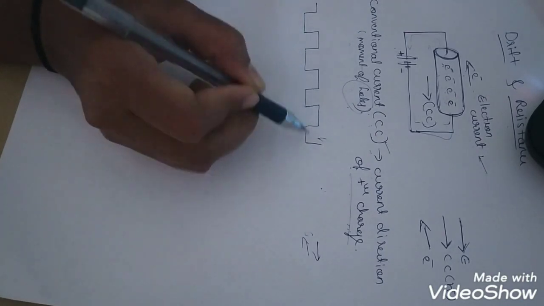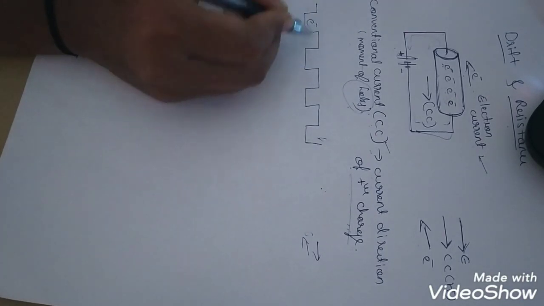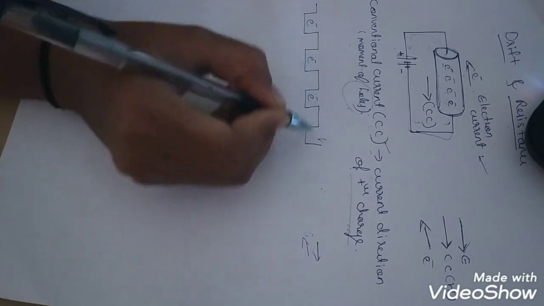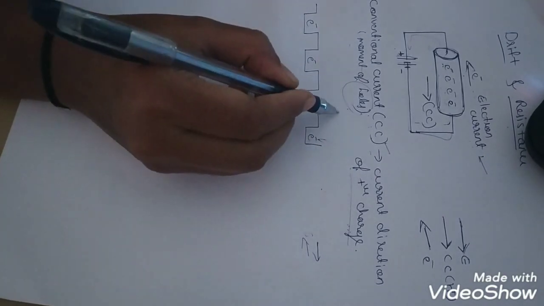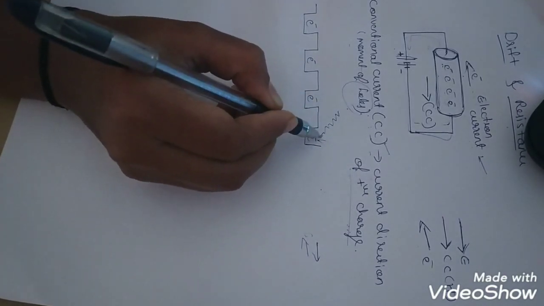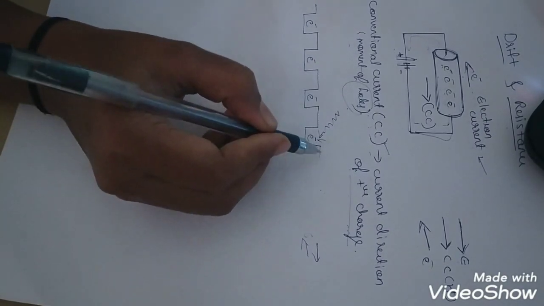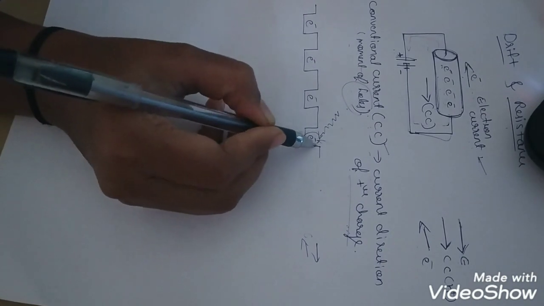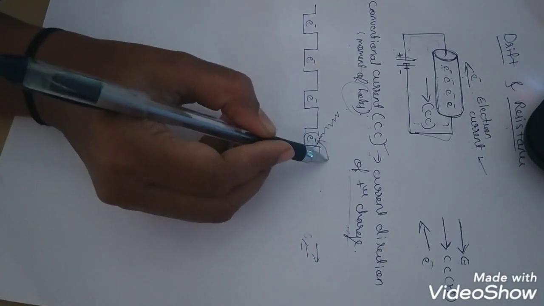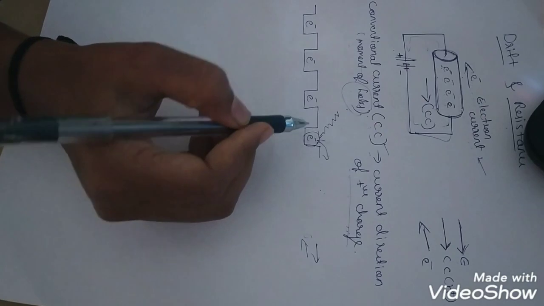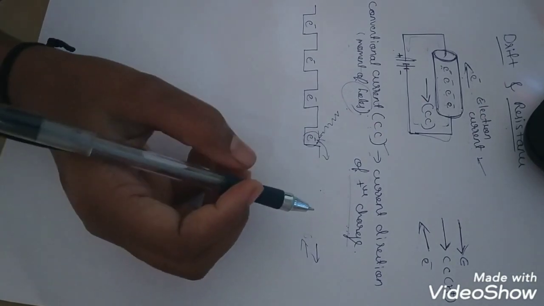Consider these are the four places where electrons are present. Suppose I apply light, or we increase the temperature, then the electron will gain energy and get mobile for conduction.